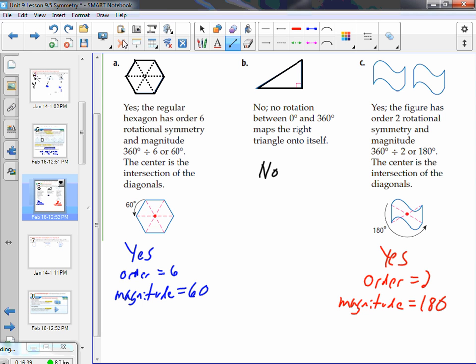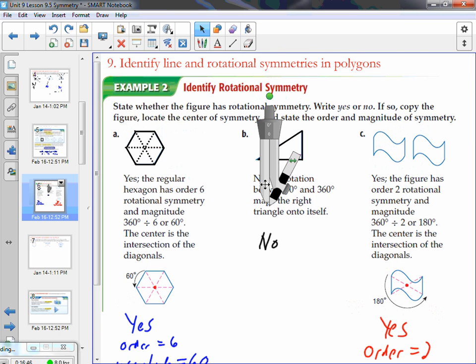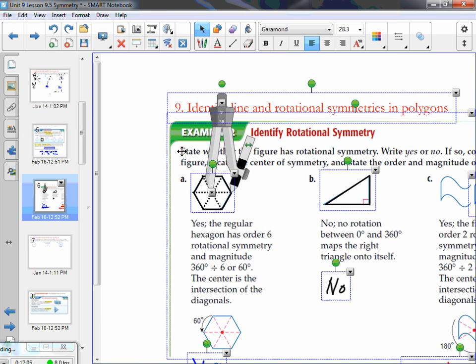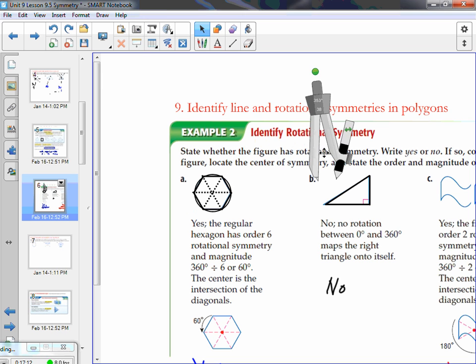Then I can get my compass out, put it there, center, do that. I have a hard time going all the way around here. Let's move everything over some. Yeah, looky there. Works out just right, doesn't it?